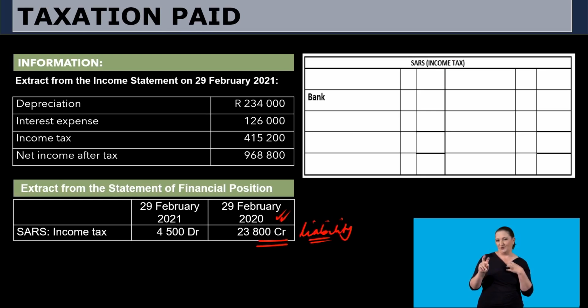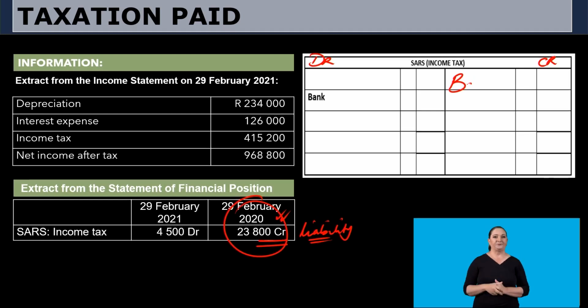So I would come to my income tax account and then I would say my opening balance therefore would be a credit balance, understanding that this is a debit and this is a credit. So I'm going to come to the credit side because in 2020 the balance is credit. So I'll come here, then I'll say balance brought down, that is 23,800. That is the opening balance. And the closing balance in 2021, it is now debit.